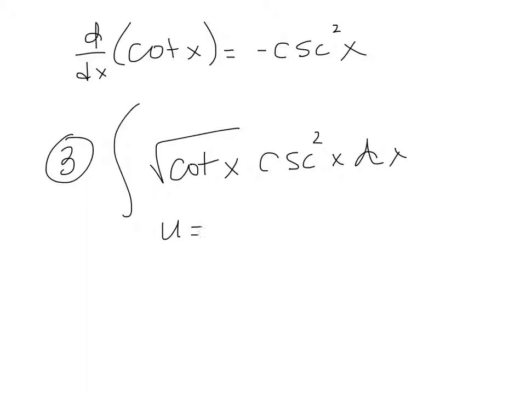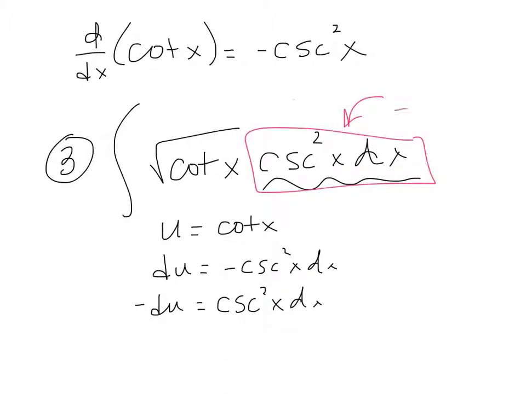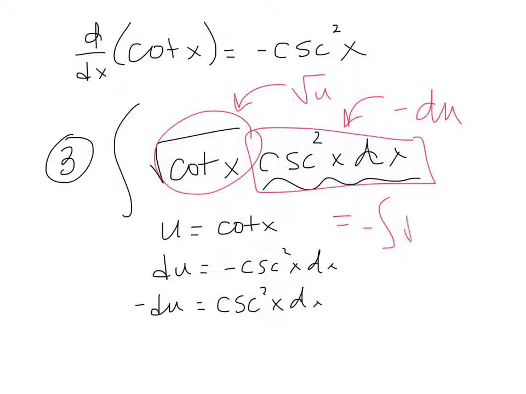So if I let my u be the cotangent of x, which makes sense because it's under a square root, so it's kind of the weird part, right, the chain rule part, the du is going to be negative cosecant squared x dx, which means you would have negative du equaling the cosecant squared x dx. So we've replaced everything that we want. This part is replaced by negative du, and this part is replaced by the square root of u. So we get negative, you can pull it on the outside, square root of u du.